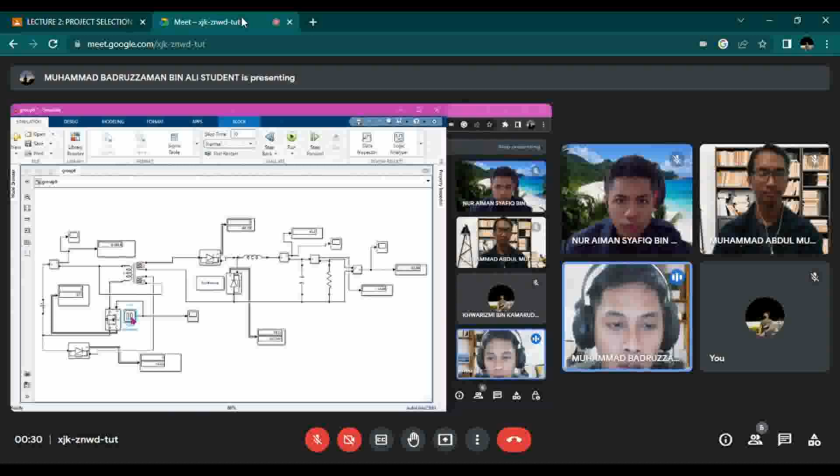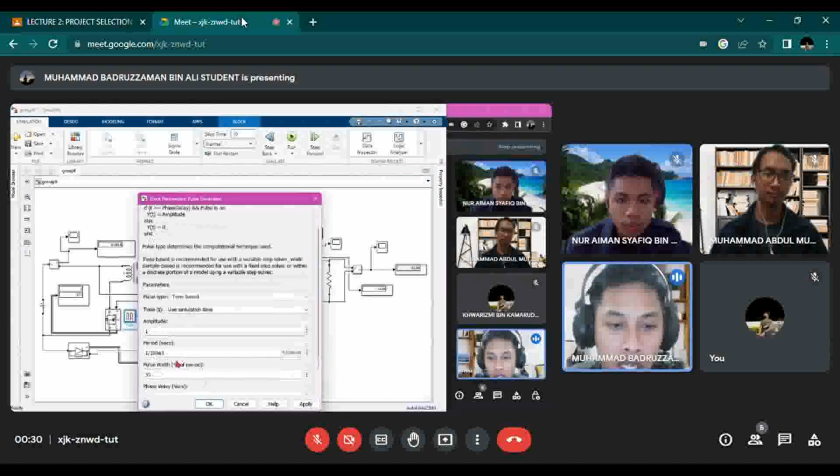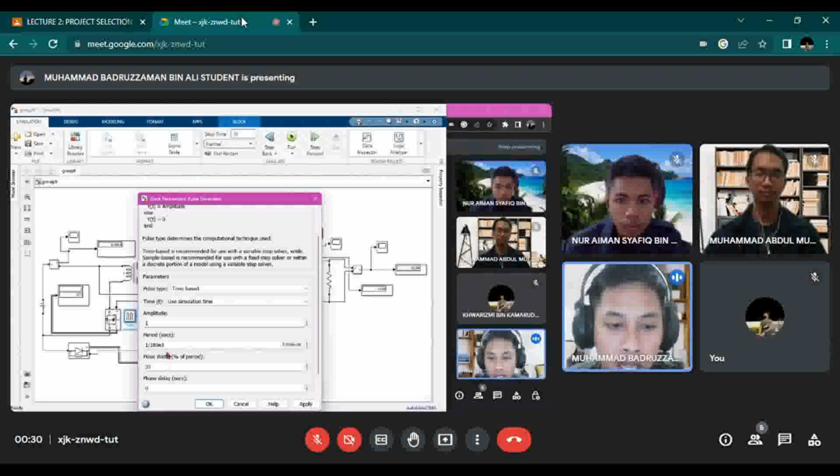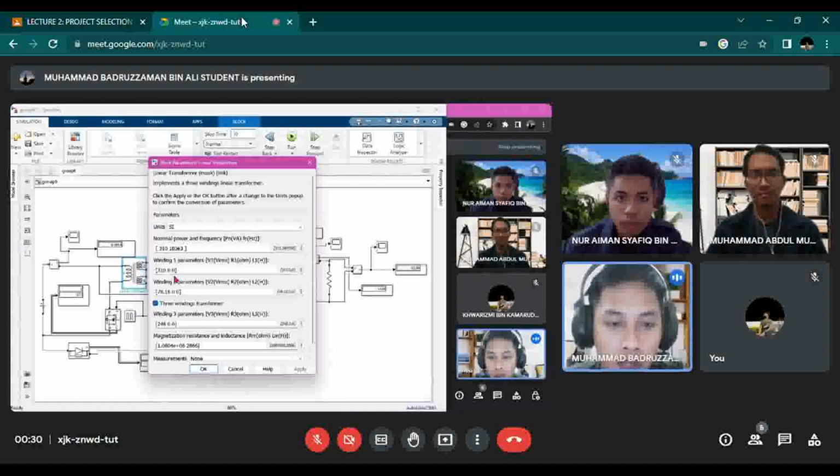And for the pulse generator, we set based on the duty cycle and the frequency of the period and pulse wave. And for the transformer parameter, we set with their own turn numbers.